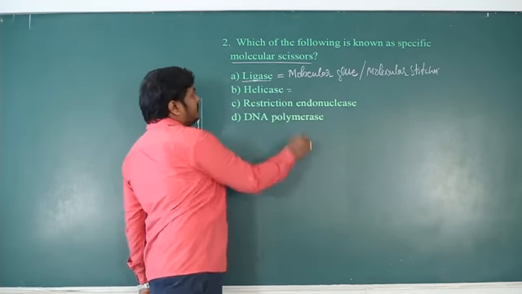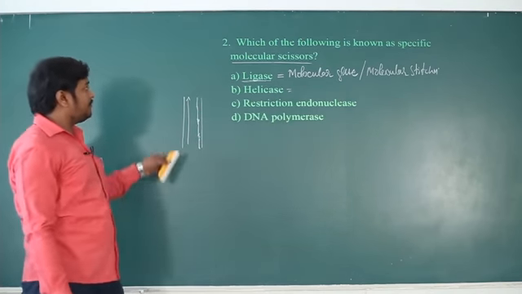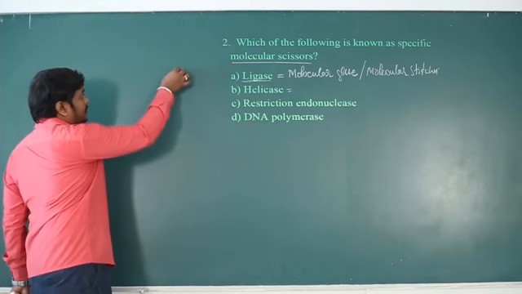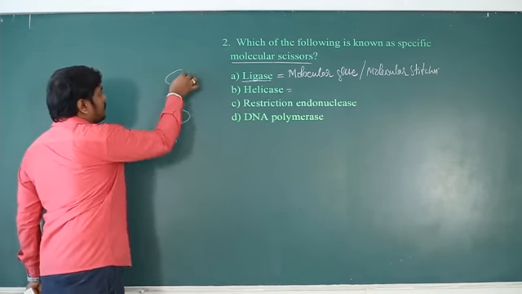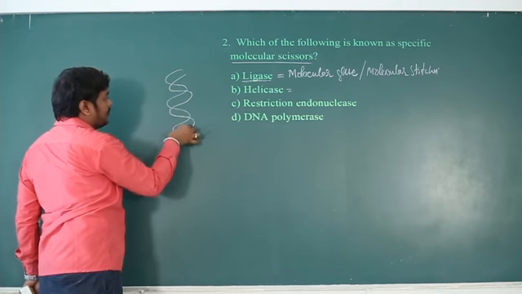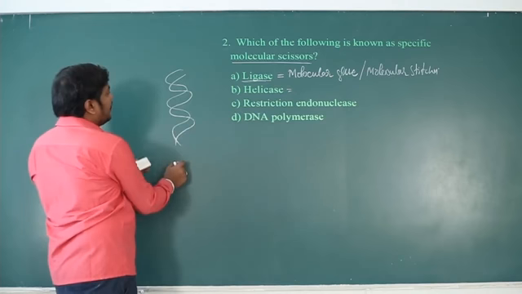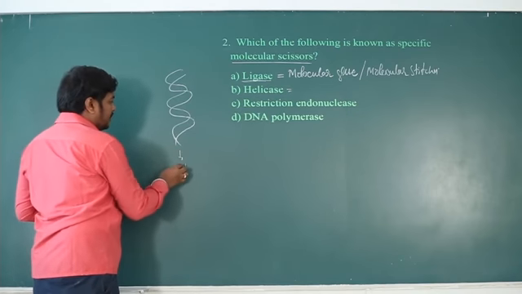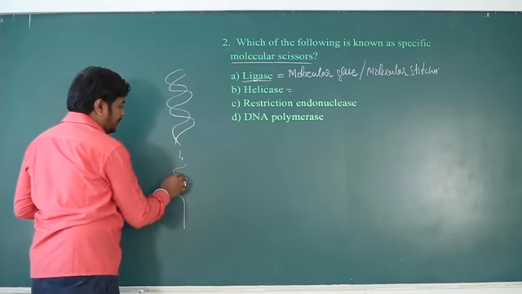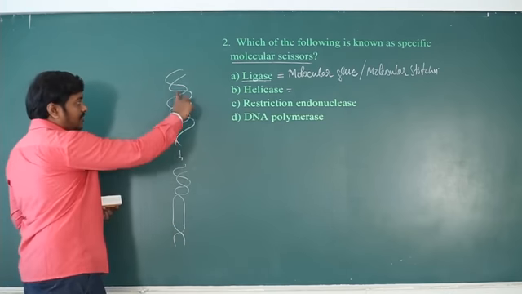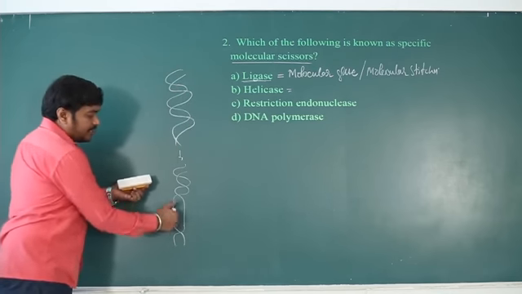Then helicase. Helicase is an enzyme that can unwind the DNA. During DNA replication, the DNA should be unwound, so that it can open up; for a complete pitch to open, the DNA should be unwinding.